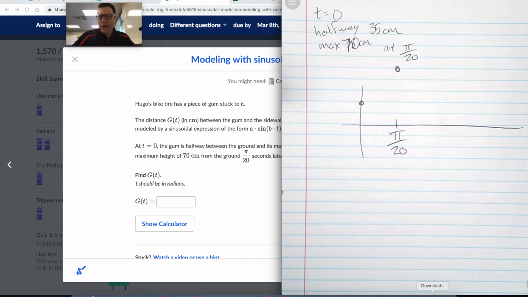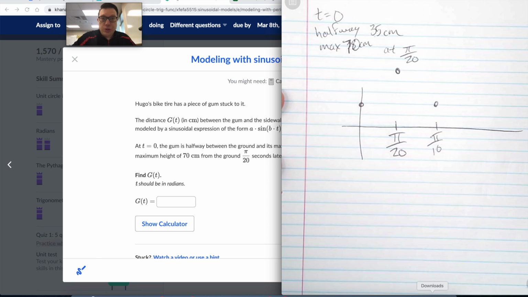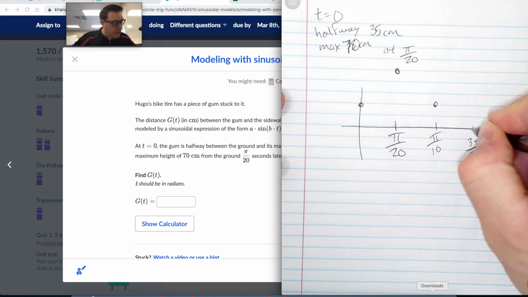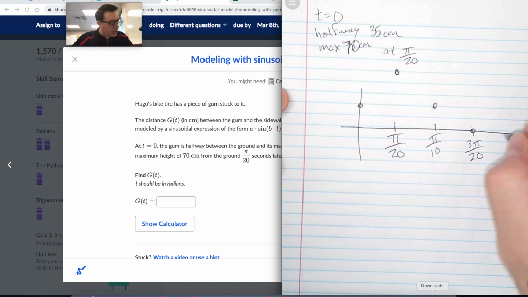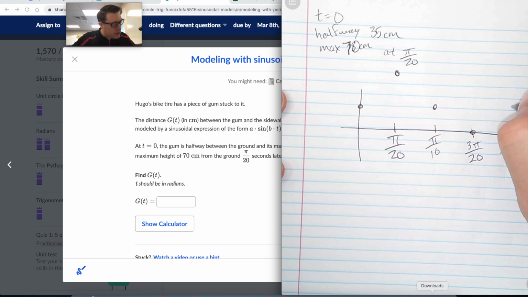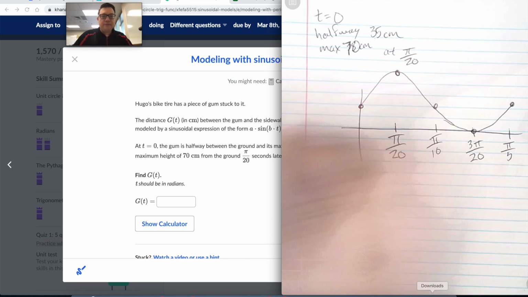So at 2 pi over 20, pi over 10, the gum is back to the midline, and then at 3 pi over 20, the gum is touching the ground, and at 4 pi over 20, pi over 5, the gum is back to the middle. That is one complete sine function.